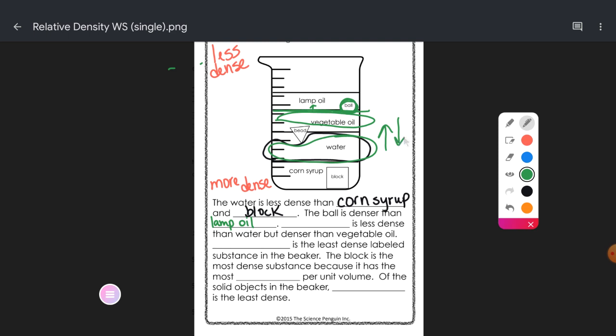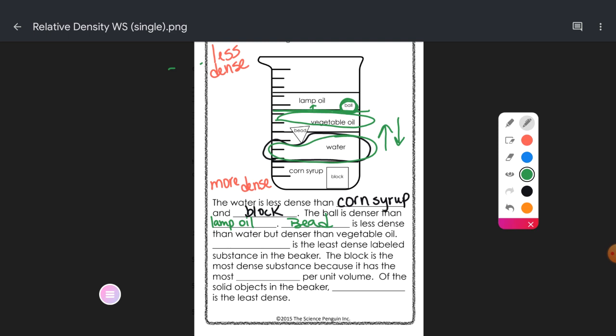So what is the only thing that's above water and below vegetable oil? The bead. Yes, the bead is the only thing that can fit there, because it's less dense than water, more dense than vegetable oil.